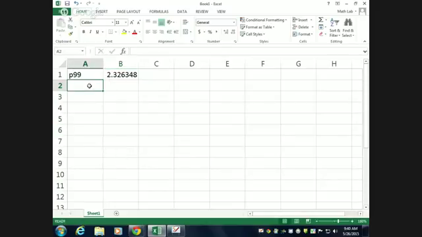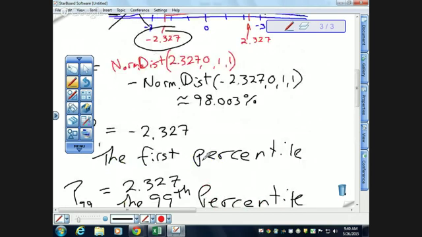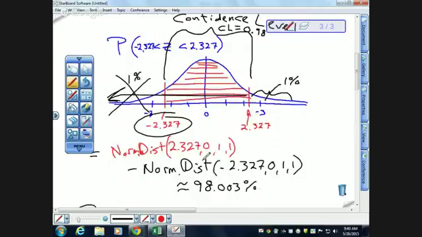What am I going to get if I try to find P1, the first percentile? So let's look back at the graph. Given the symmetry here, if 99% puts 1% above, the first percentile puts 1% below, so I guess you get the mirror image of that z-score.